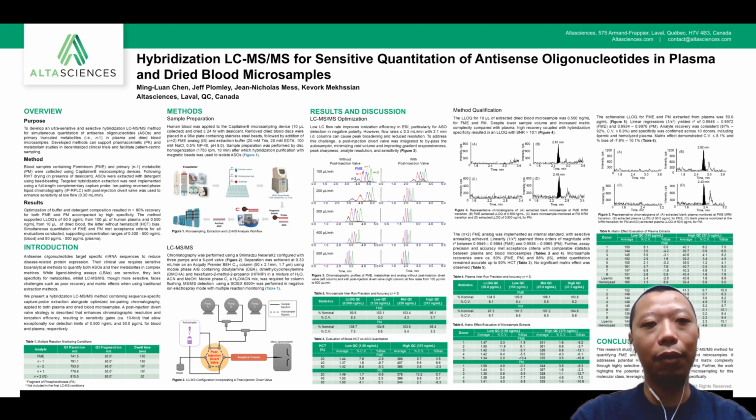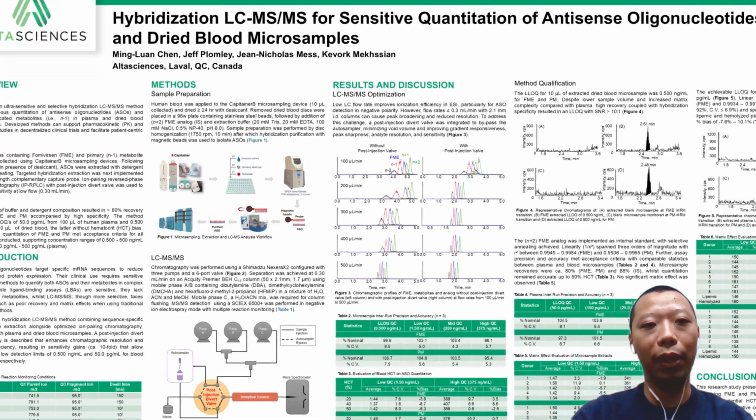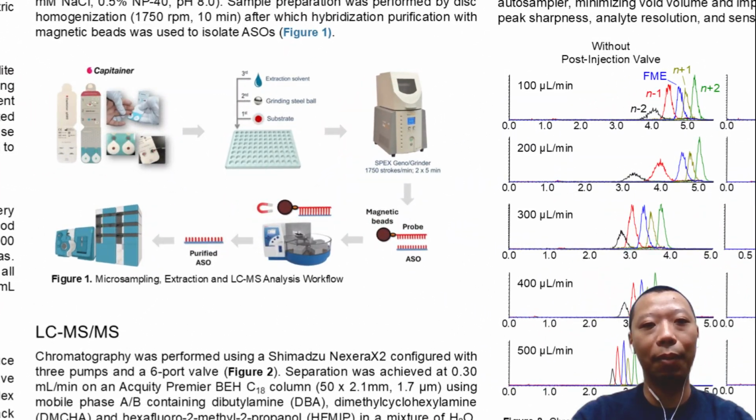To quantify ASO and their primary N-1 metabolites, we apply a systematic workflow, which is shown in Figure 1. First, we collected the plasma sample using 100 microliters volume, or we used 10 microliters of blood to make the dry blood microsamples with a device.